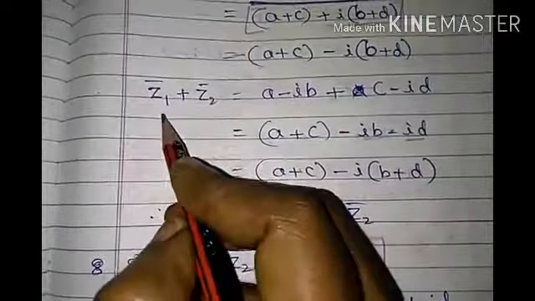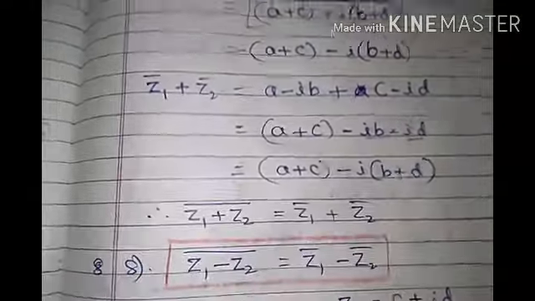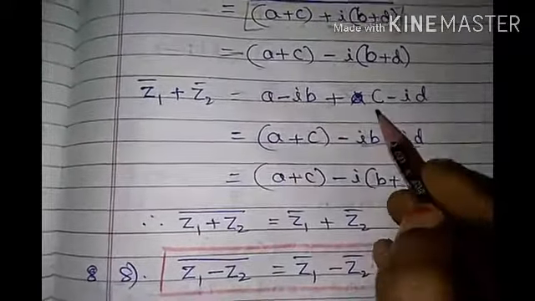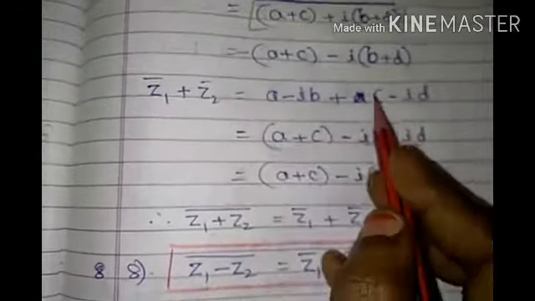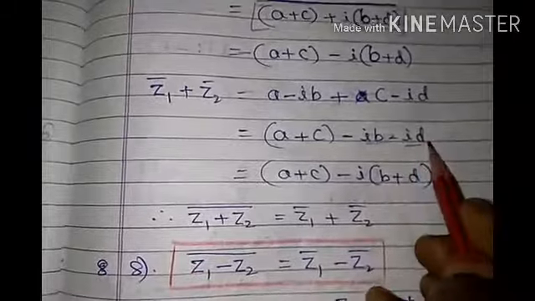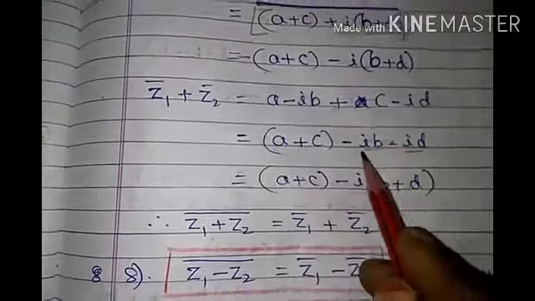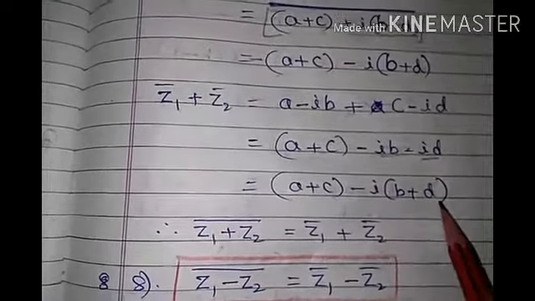Now z1 conjugate plus z2 conjugate is equal to, what is z1 conjugate? A minus ib, which is added to conjugate of z2, c minus id. Now a plus c minus ib minus id, which is equal to a plus c minus, here i is common in both the terms, so take it out, i into b plus d.